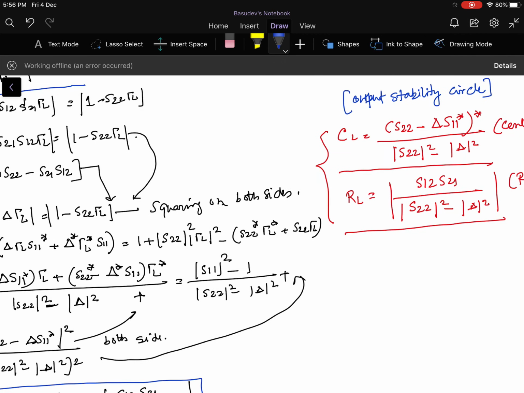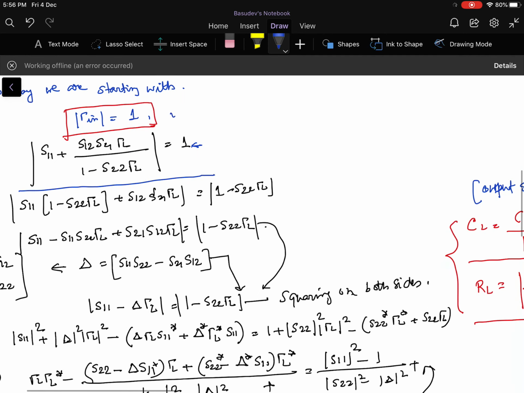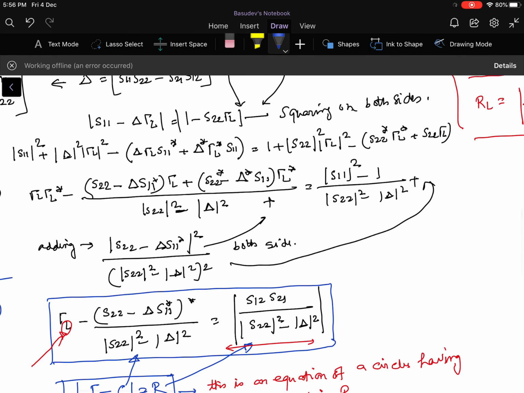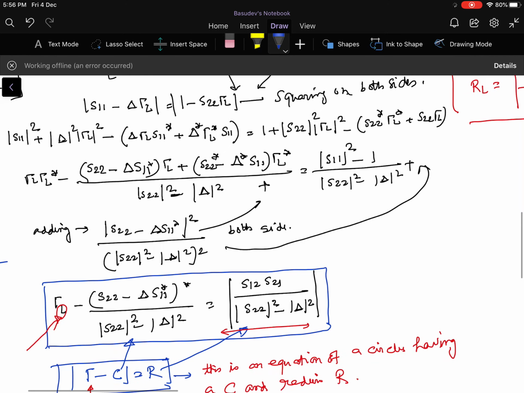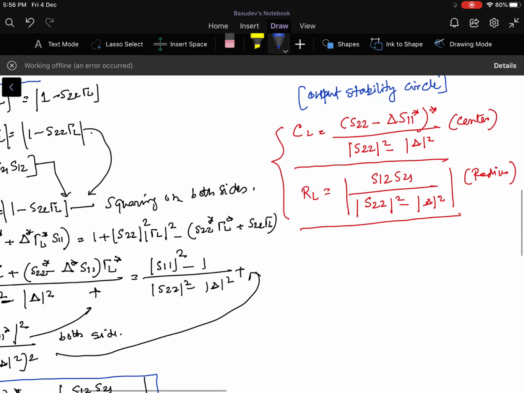No, it is the output stability circle, because you started with the expression mod tau in equal to 1, and as you progressed you got an equation in tau L. The range of tau L forms the circle, the locus, in the tau L plane. That is why it is on the output side. L is load, output side. That is why it is the output stability circle.